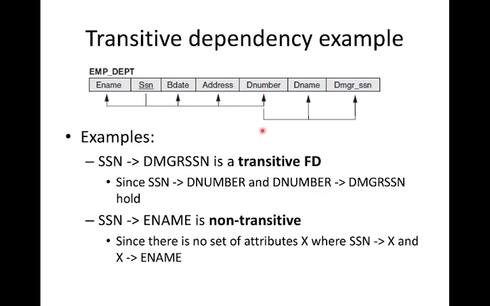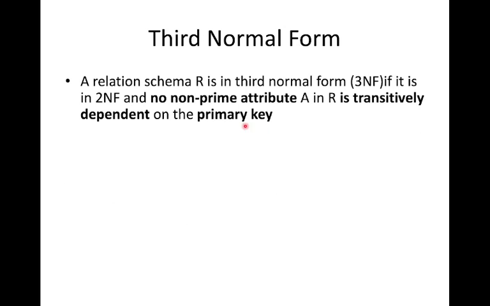So what is third normal form? A relation schema R is in third normal form or 3NF if it is in 2NF, so it should be in 2NF, and no non-prime attribute A in R is transitively dependent on the primary key.